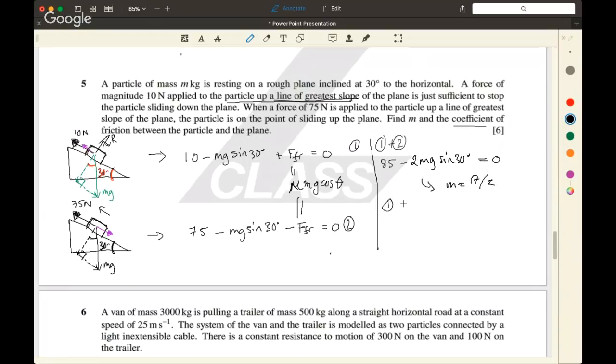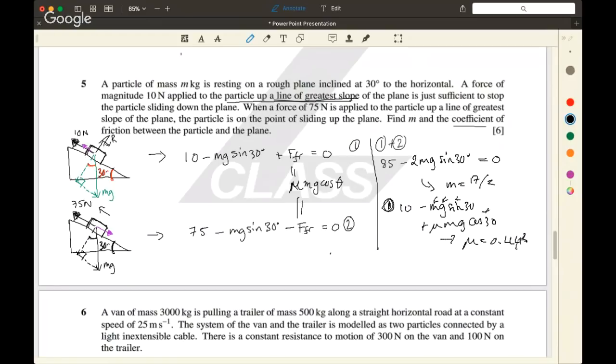Now we take equation 1, and we can just plug in our value of mass into equation 1. So we get 10 minus mg sine of 30 plus mu mg cosine of 30. We know m now, we know g, so these are just numbers, and we can solve for mu.